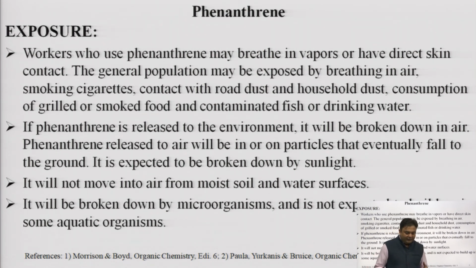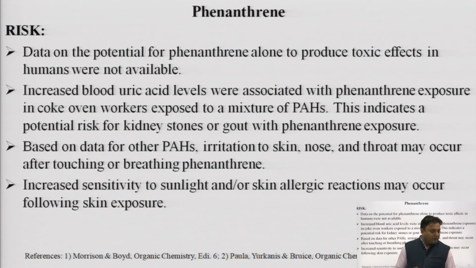So if sunlight is there and phenanthrene is present on the ground, sunlight can destroy the phenanthrene ring, and it is not very harmful for the human population. Why? Because it will not move into the air from moist soil and water surfaces. It will also be broken down by microorganisms, and it is not expected to build up in aquatic organisms. So there is no need to worry.